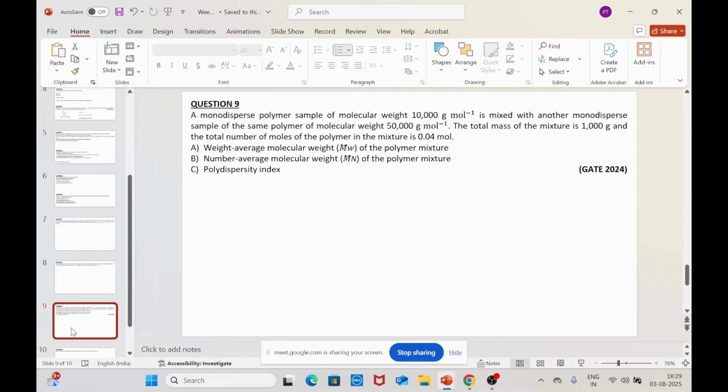It's a very direct question, but again, you need to be careful when you solve it. Specifically, you have to be careful when I use terms like total mass of the mixture.